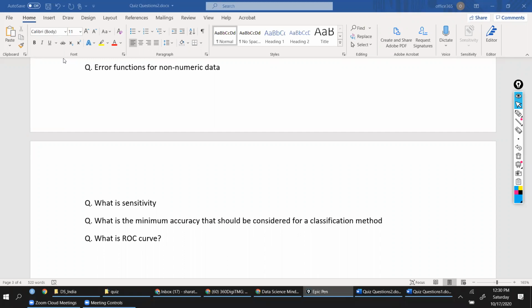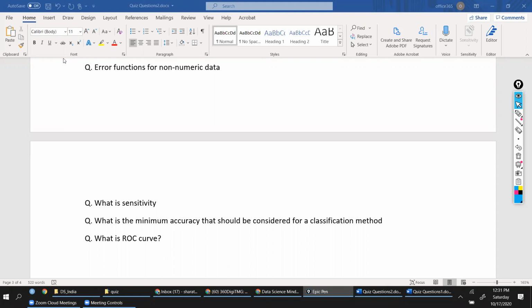Very good. The ROC curve is used to decide the appropriate cutoff value. The ROC curve is a visualization technique.